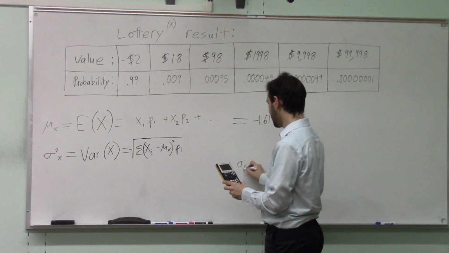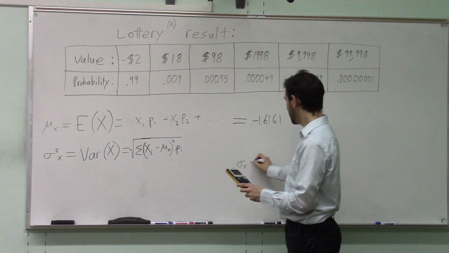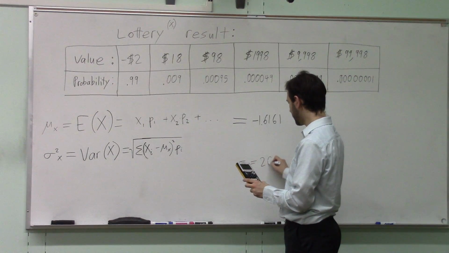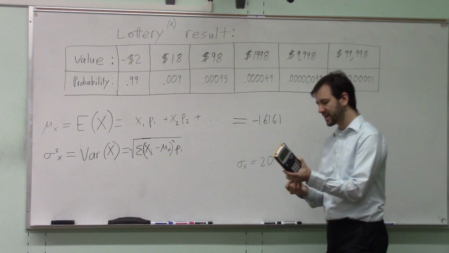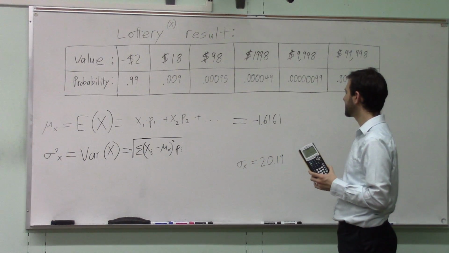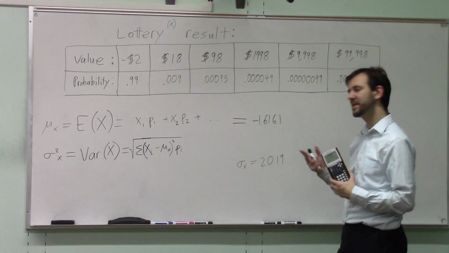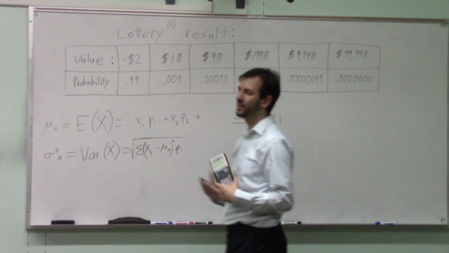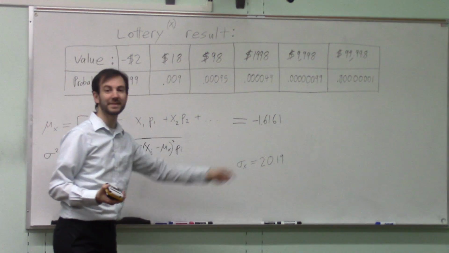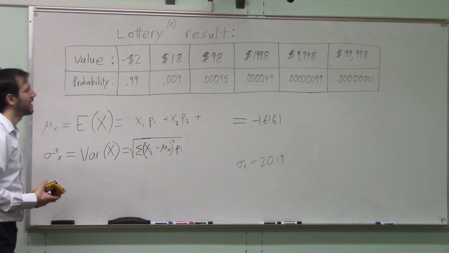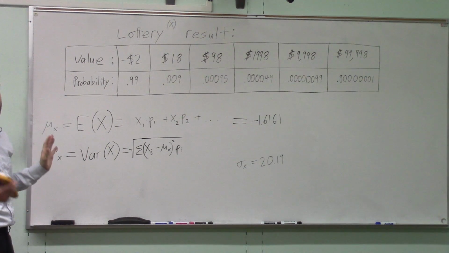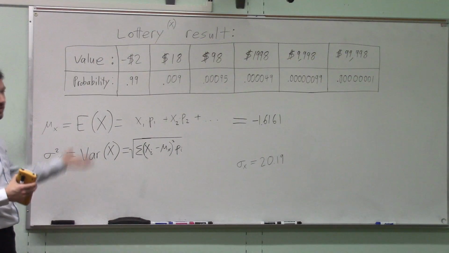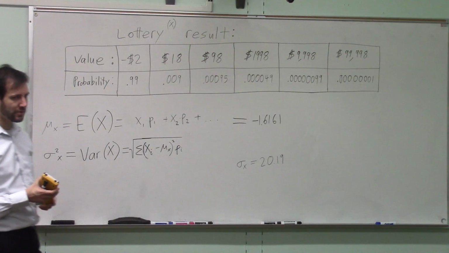Sigma of x, the standard deviation, is $20. In other words, while the typical result is for you to lose $1.61, your typical result will miss that by $20. That's because our distribution of the random variable is very skewed right.